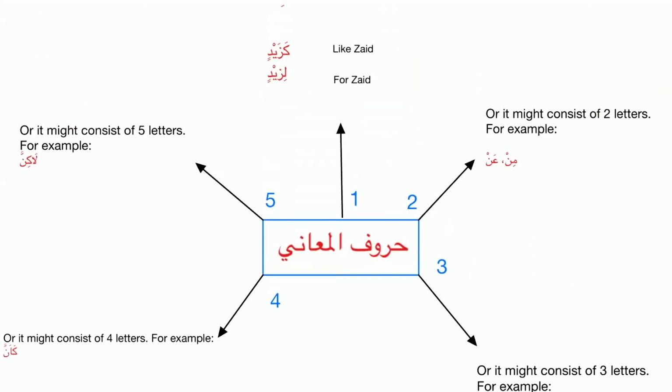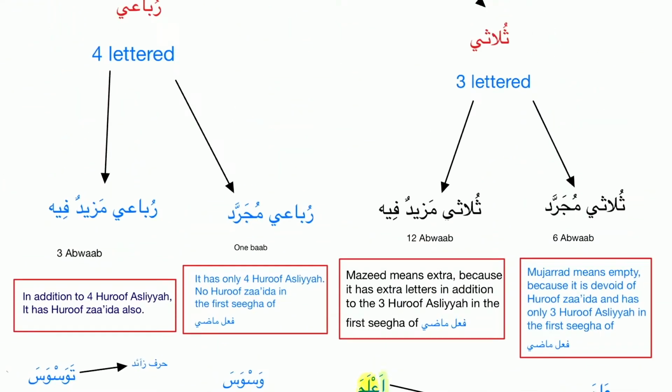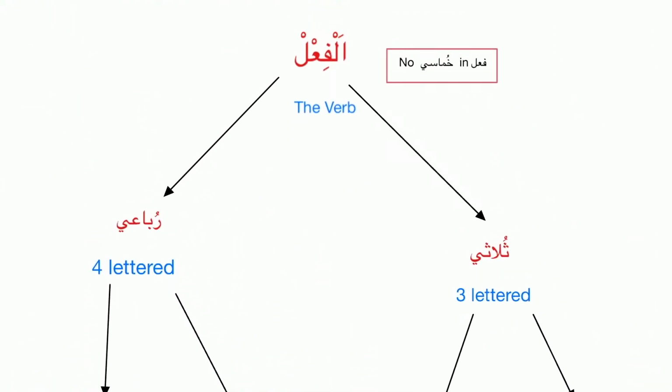So the first classification of the verb is how many letters a verb can have. Like the same thing, these are very basic things. So look here, I put here no khumasi in fi'l, so that you don't worry about khumasi. Khumasi means which has 5.